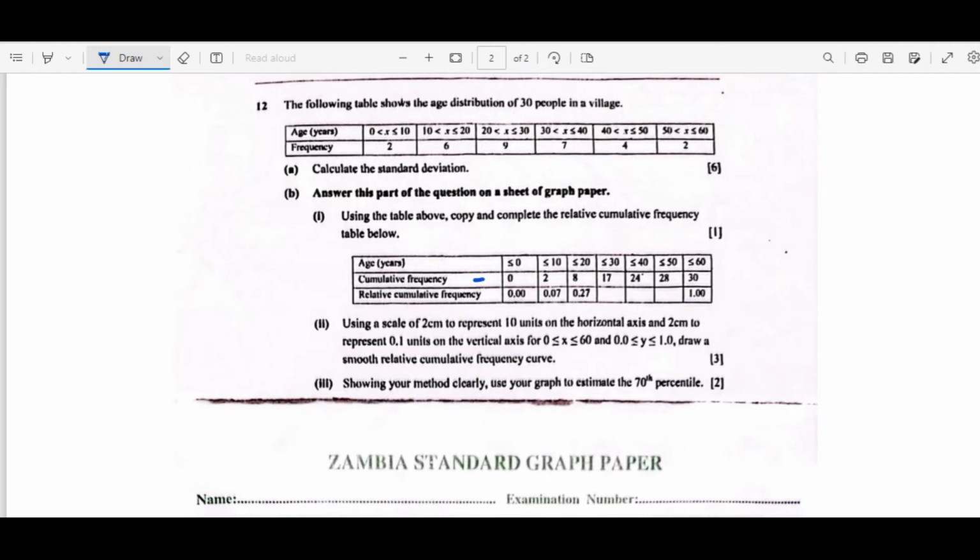They are using these numbers, then you divide by the total. So remember, the total of the frequency is always 30. 2 plus this one plus this one plus this one plus this one plus this one added up to 30. So 0 divided by 30, 0.00. 2 divided by 30, same. 8 divided by 30.